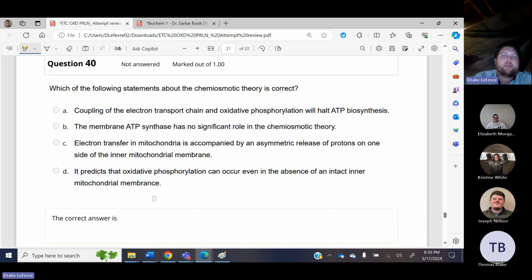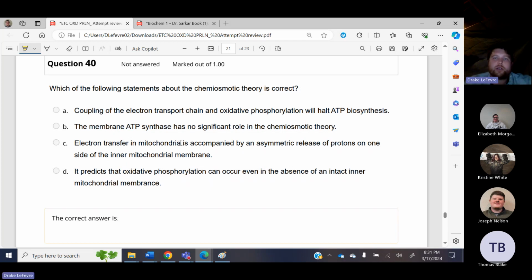Which of the following statements about the chemiosmotic theory is correct? Just remembering that definition. Coupling of electron transport chain and oxidative phosphorylation will halt ATP biosynthesis. That doesn't tell us anything about the chemiosmotic theory. The membrane ATP synthesis has no significant role in the chemiosmotic theory. That's the whole point of it.